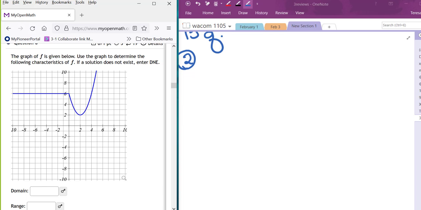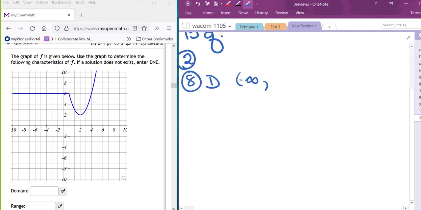All right, so the graph of this is given by this picture, and they want to know the domain. This is question 8. So domain goes forever to the left, so this will be -infinity, and this end goes forever to the right, so it goes to +infinity. Right?